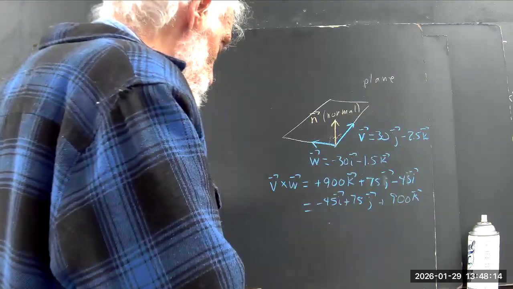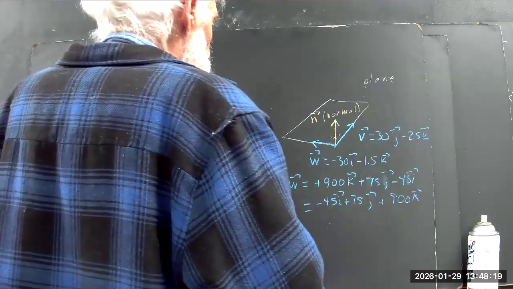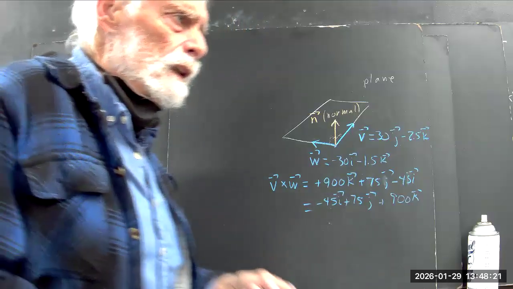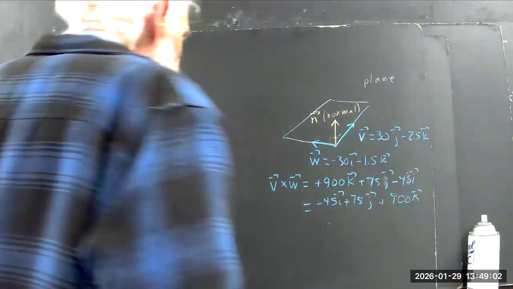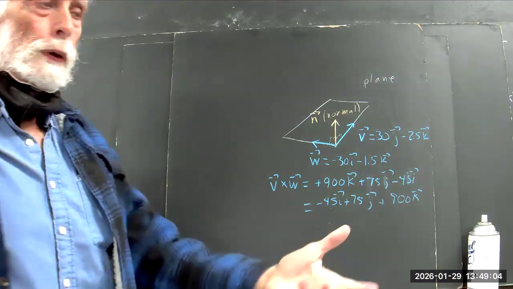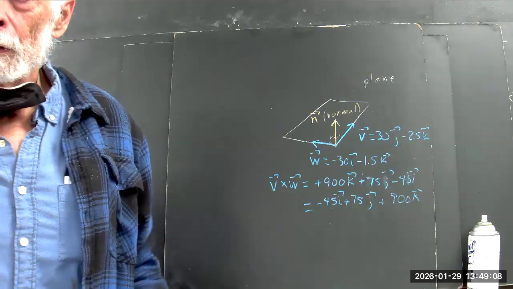Now we can analytically test whether this vector is really perpendicular. How can we test whether this vector is perpendicular to both V and W? Okay. An easy test for whether two vectors are perpendicular: take their dot product. It'll be zero.